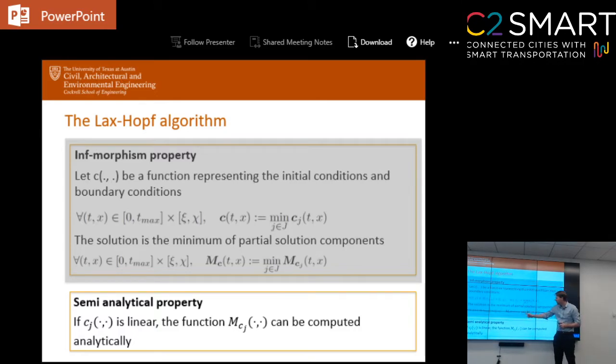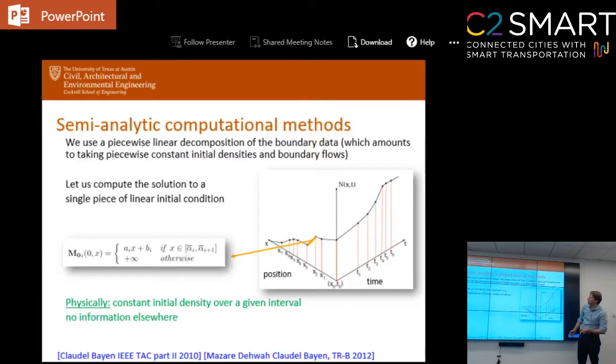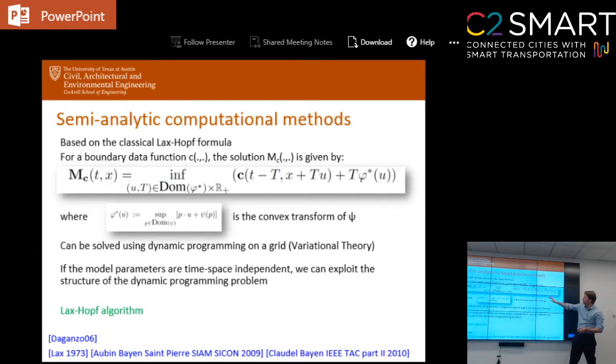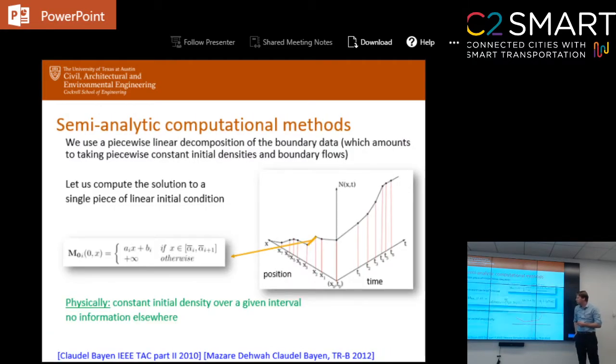In that case, the solution will be the minimum of each of these partial solutions given by each of the linear pieces. And that comes from the Lax-Hopf formula. If you look at the Lax-Hopf formula, you can check this by just plugging in. If you have a C that is made of an inf of functions or a min of functions, you can switch the order, and therefore you have that inf morphism property.